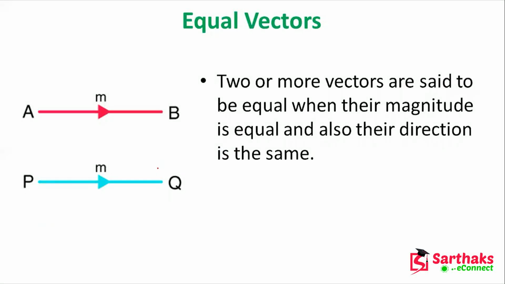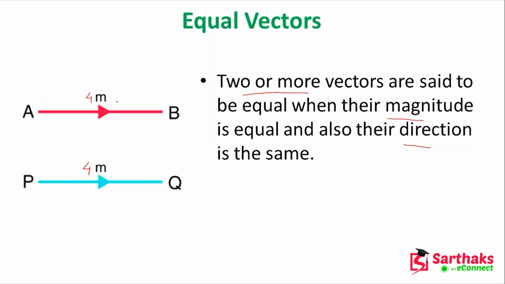Now the equal vectors. Two or more vectors are said to be equal if their magnitude and direction are both the same. If it is 4, it should be 4 meters.